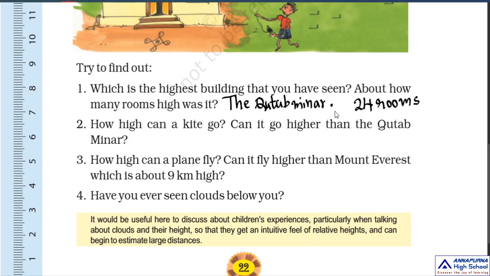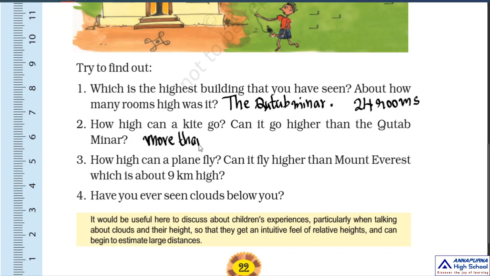Okay children, move to the second question. How high can a kite go? Can it go higher than the Qutub Minar? Yes, obviously. How high can a kite go? It goes more than 100 meters. So a kite can go more than 100 meters.